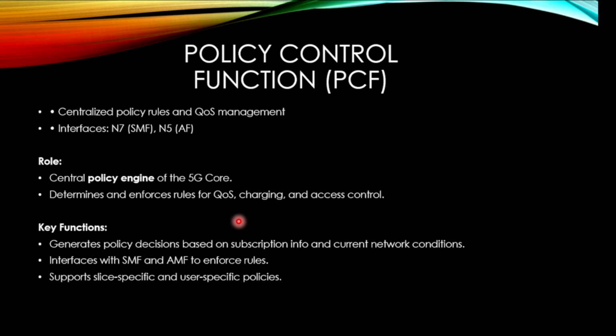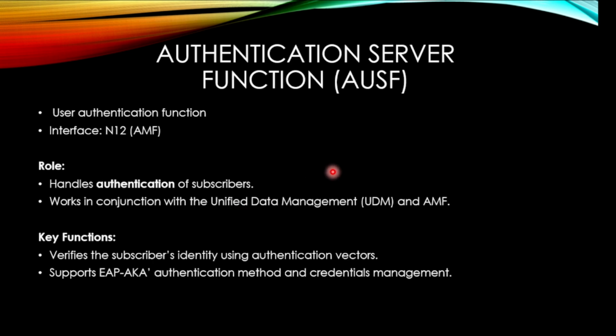Okay, so going back, as we mentioned, the authentication server AUSF handles authentication of subscribers, and it needs to work in conjunction with the UDM, Unified Data Management, because that's where the keys for different users are available.